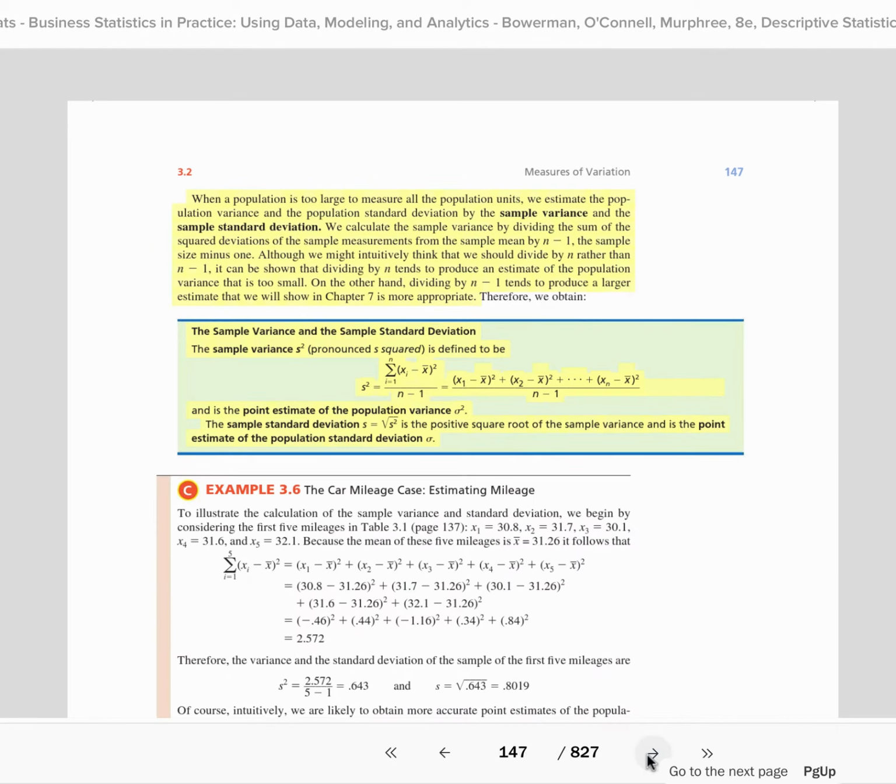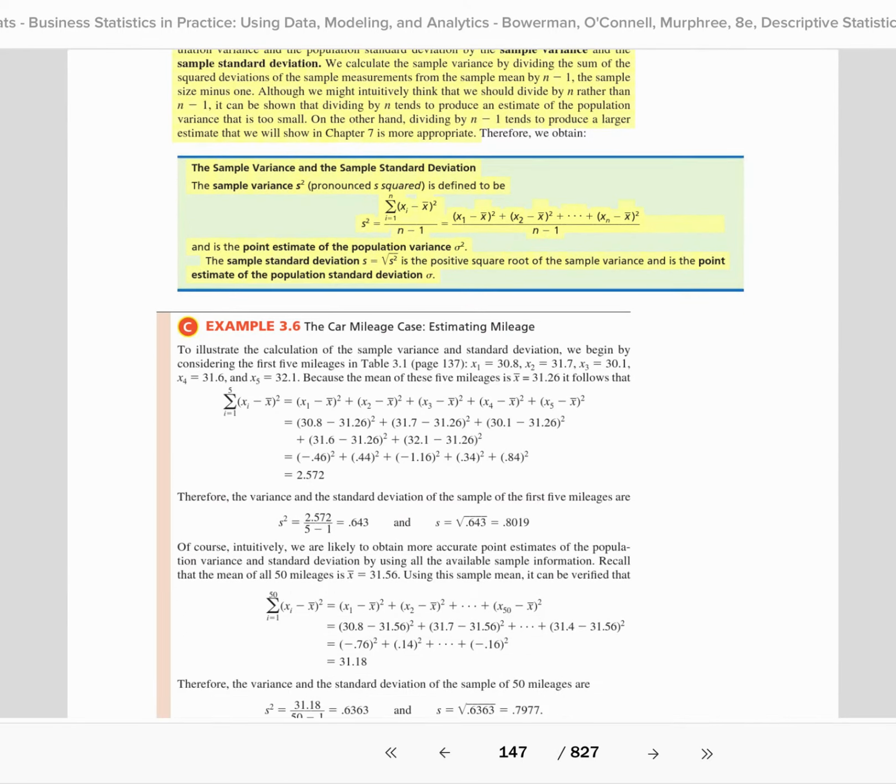You will be dividing by the number of the population. However, when we don't have the total population and we are working with a sample variance, we will divide by the total number minus 1. So keep this in mind every time you are working with data where you don't have the complete population. The difference in calculating the variance with a sample is that you divide by the total number of data items in your data set minus 1.